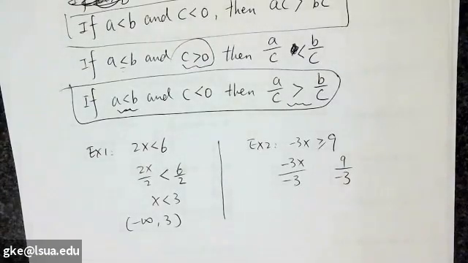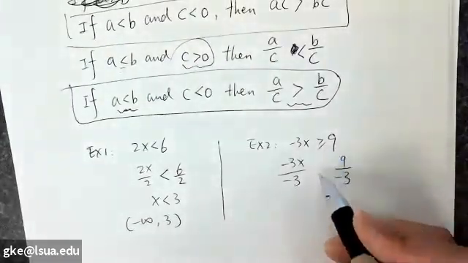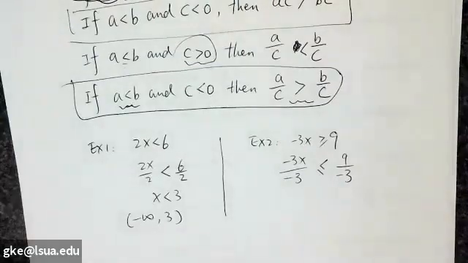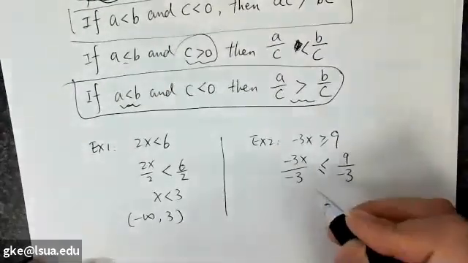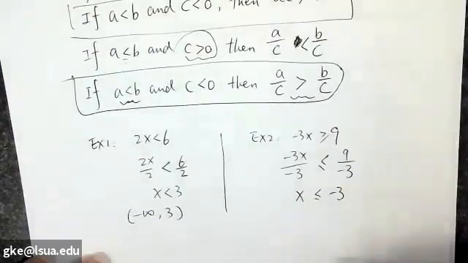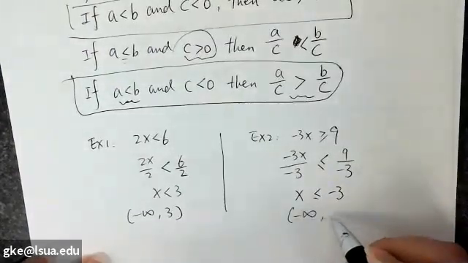Since negative 3 is negative, we're going to change the inequality. Here it's greater than or equal to, so that means less than or equal to. Change the sign. So here x is less than or equal to 9 over negative 3, and you can write it down.